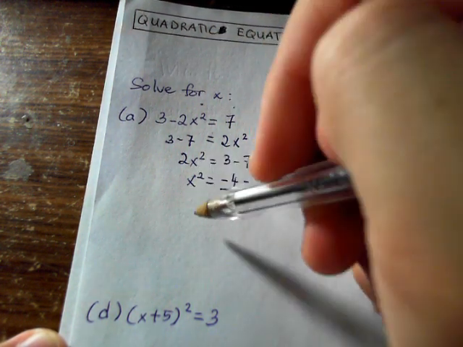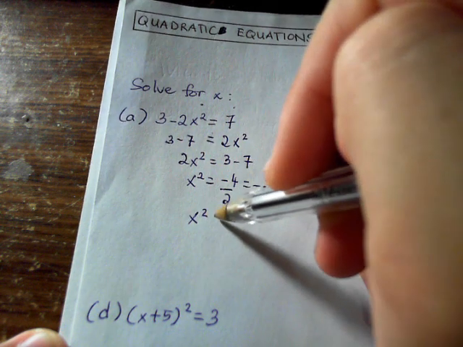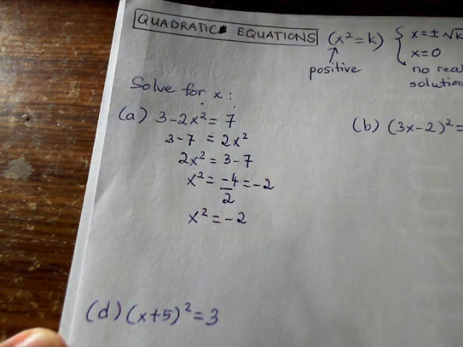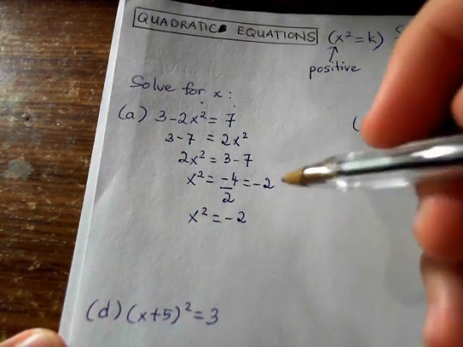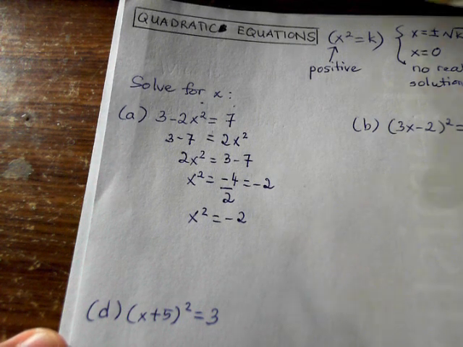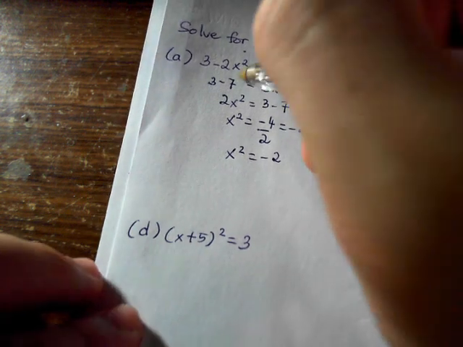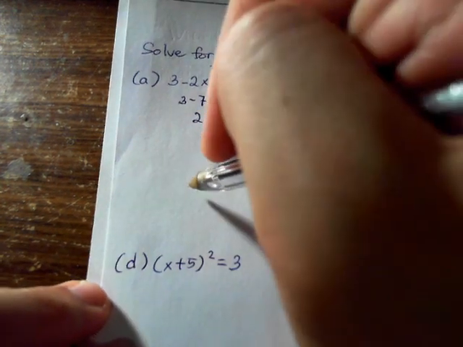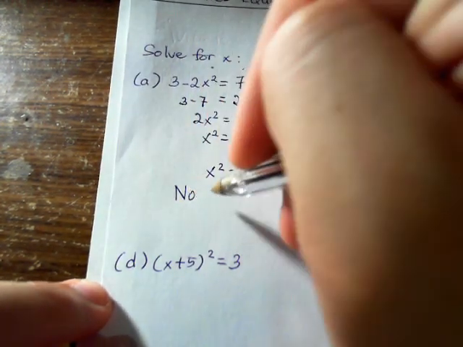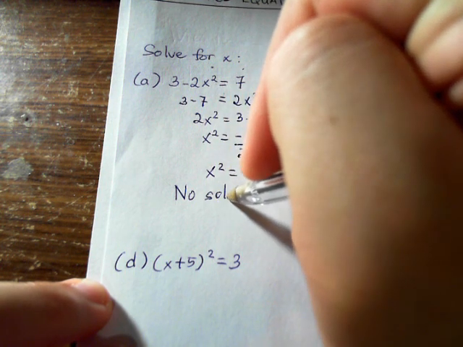But when x squared is equal to minus 2, we won't have any solution, because k has to be more than 0 or equal to 0. So in this case, we write that there will be no solution.